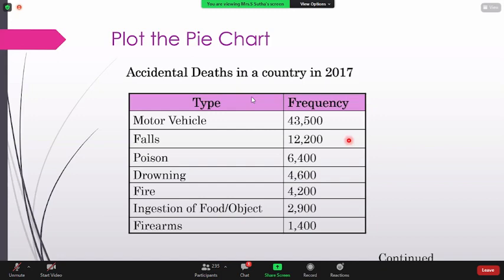Which type of accidental death is the least? Firearms. Only 1,400 deaths, the least number of deaths, occurred in 2017 by firearms. Right, okay.